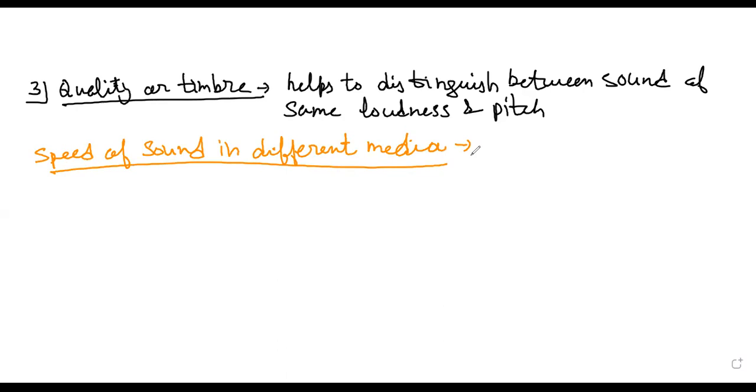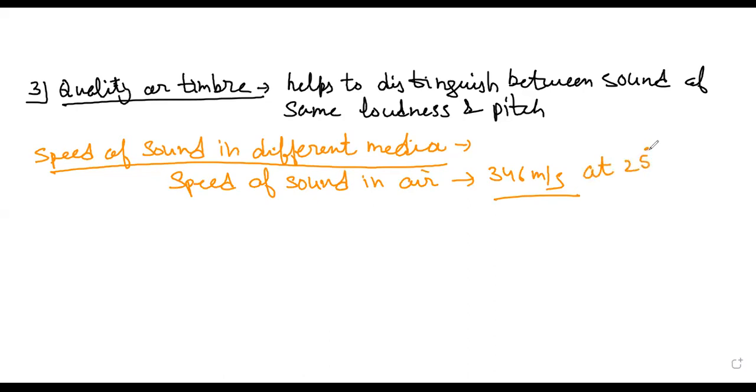In solids the particles are very close to each other, so it will be maximum in solids. In liquids it will be a little less than in solids, and in gases the speed will be the least. That you have to keep in mind. Generally the speed of sound in air that we use in numericals is approximately 346 meter per second, and very important, at 25 degree Celsius. You have to remember 25 degree Celsius also.